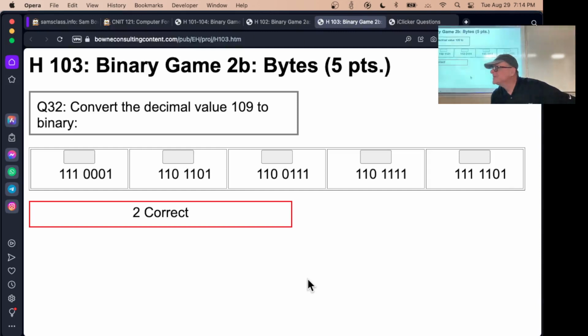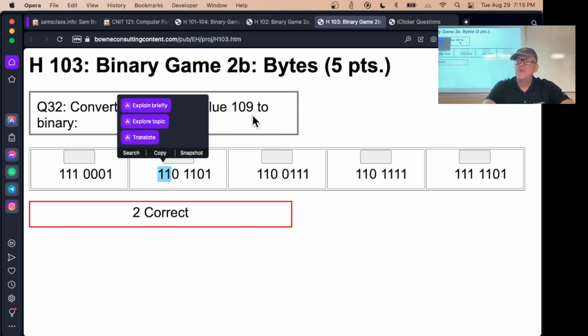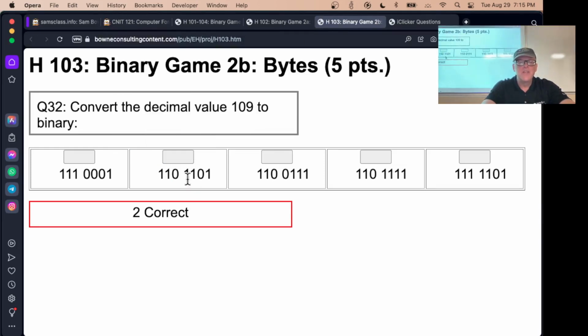Anybody got it? I don't see the right answer coming in from the online people. The second one. It's the second one. 96, 64 and 32, this is 96, so I need another 13 after that. And this is 13, 12, 13, because I know my nibbles. So that's how I did it. All right, so that one.